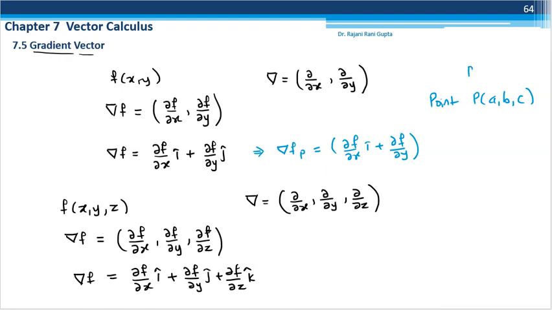Sorry, for two variables the point P will only have two values, a and b. So just replace x by a and y by b, and you will get your value. And in the three-variable case, replace x by a, y by b, and z by c, and you will get your answer.